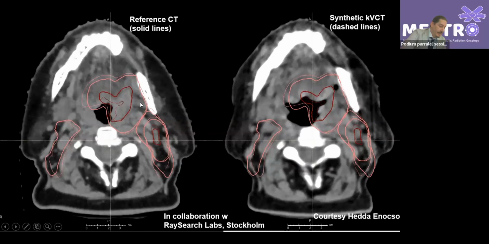We're looking at head and neck patients, and what you can see is the planning CT, and the dotted lines are the deformed contours based on augmented CT from the ClearRT system. So you take the kVCT and then you augment the quality of the images to sort of CT quality, and then you deform targets based on that.